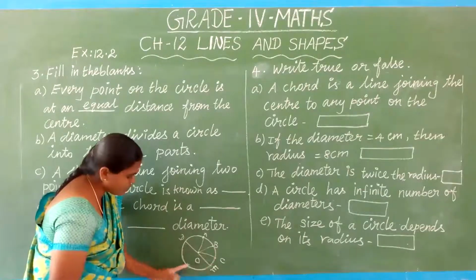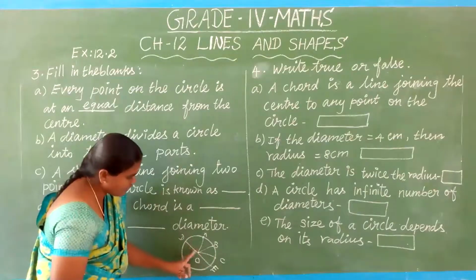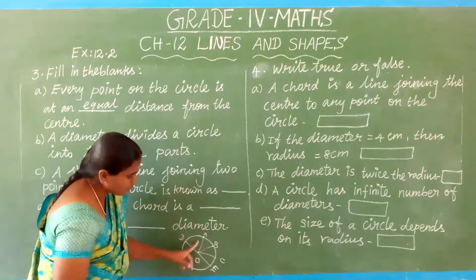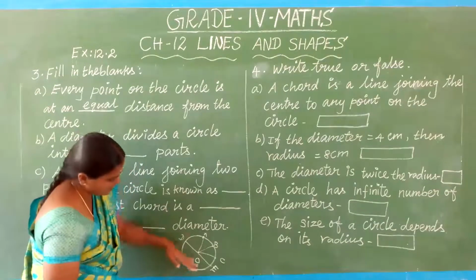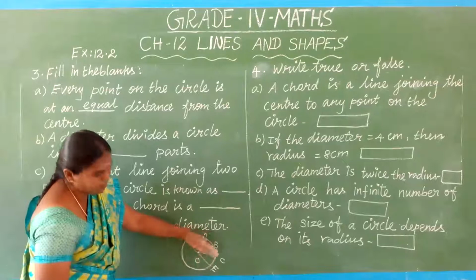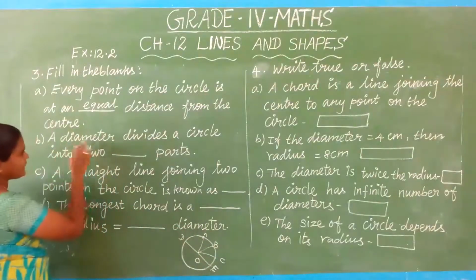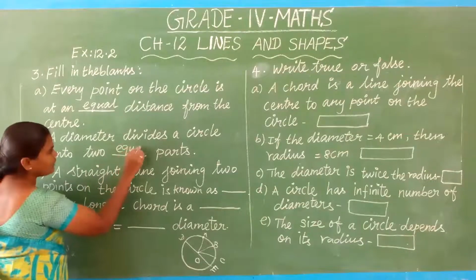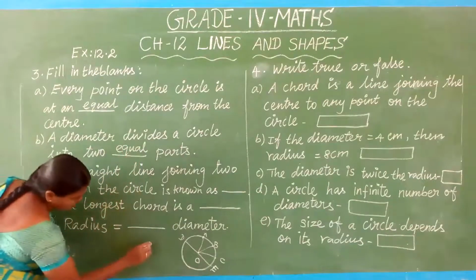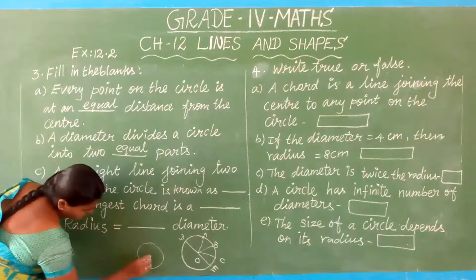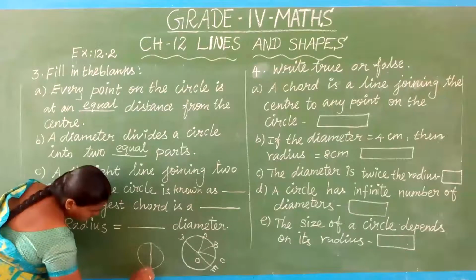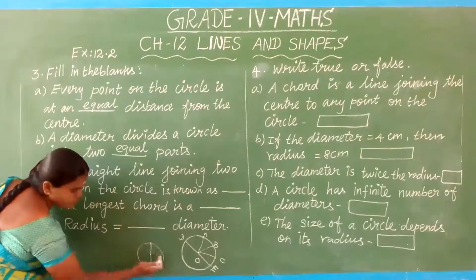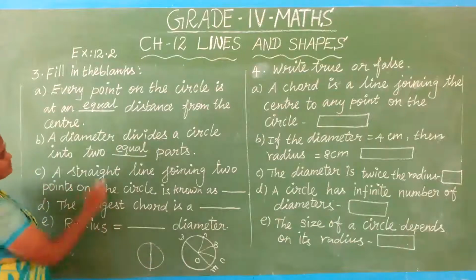Look at this circle. This diameter divides it into 2 equal parts. So a diameter divides a circle into 2 equal parts.